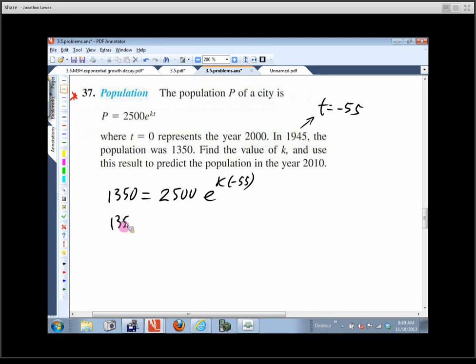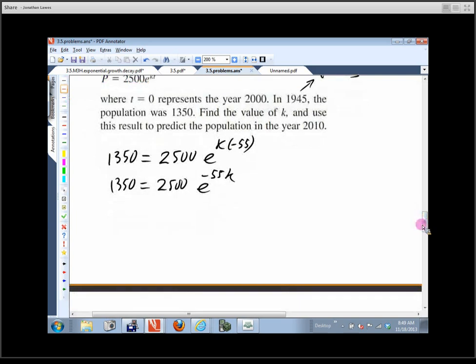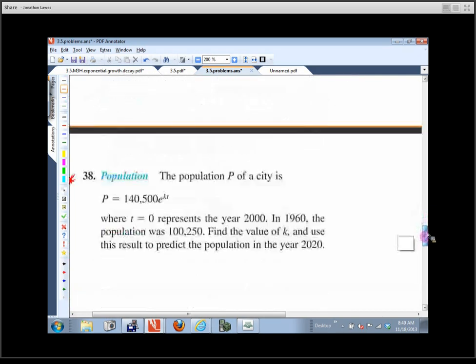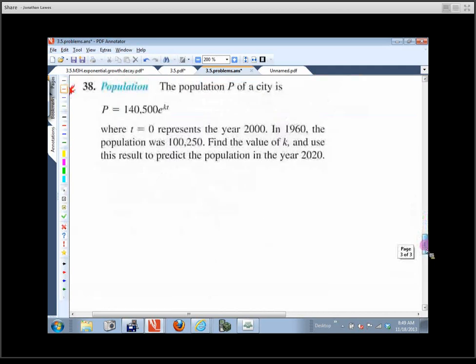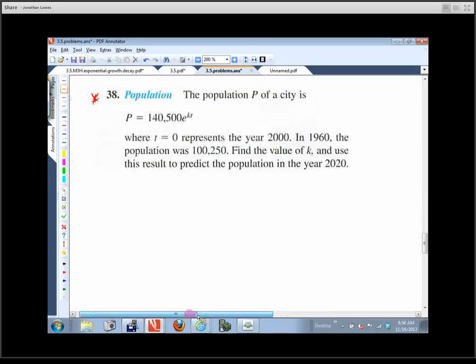So we've got 1350 equals 2500 e to the negative 55k. Can you solve that? Okay. That one's on your assignment, by the way. Okay. Let's take a look at number 38. And I'm recording this. I'll post it so you can watch this again if you need to.